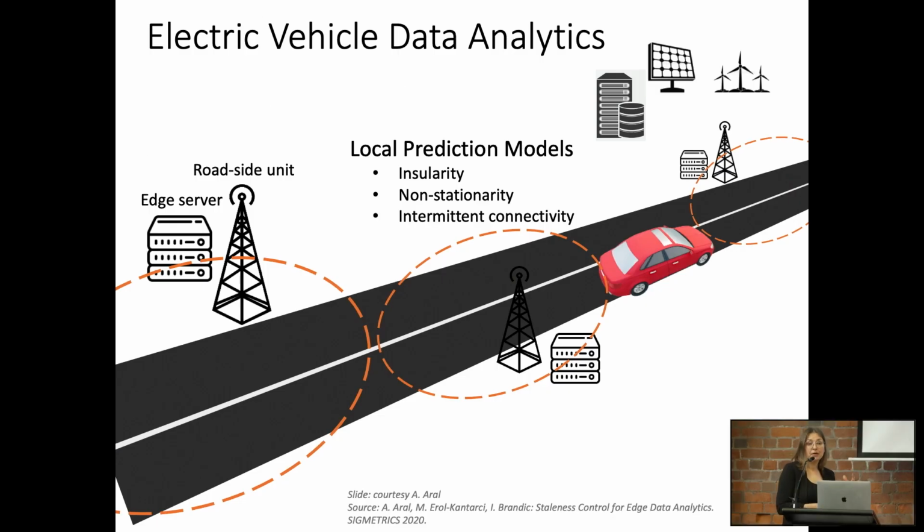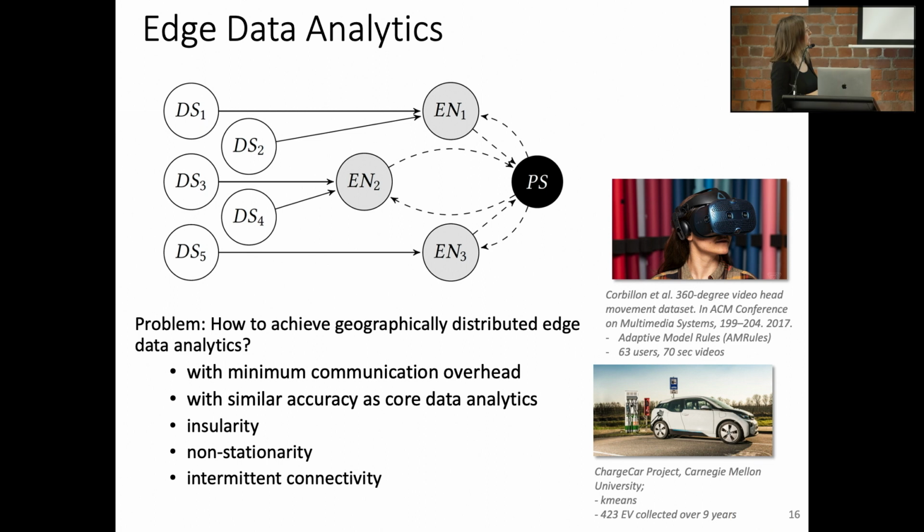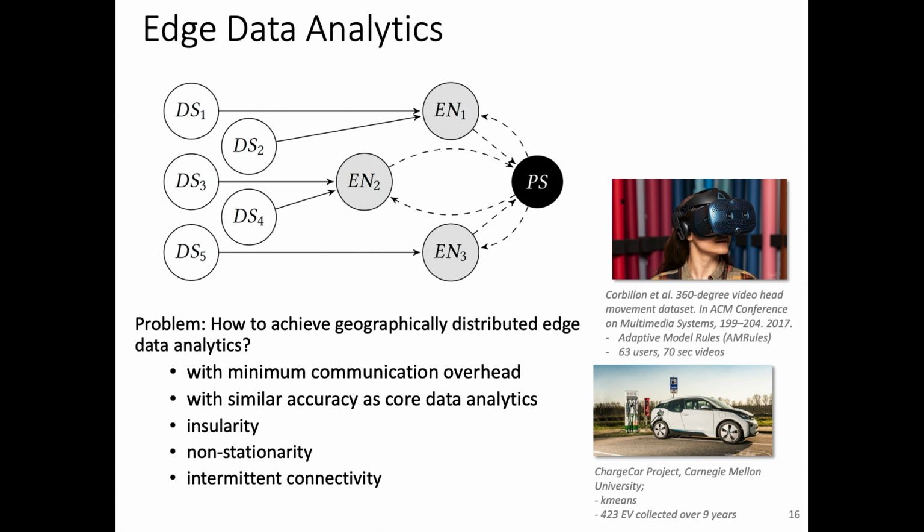So the problem is now how to achieve the accuracy of the analytics that we are used to at data centers, core analytics, in such a highly unreliable, geographically distributed environment, right? We want to have geographically distributed edge analytics with minimum communication overhead, with similar accuracy as core data analytics, where we suffer from insularity, non-stationarity, and intermittent connectivity.